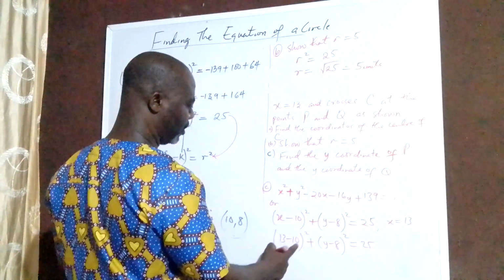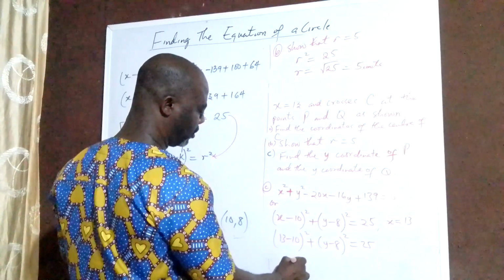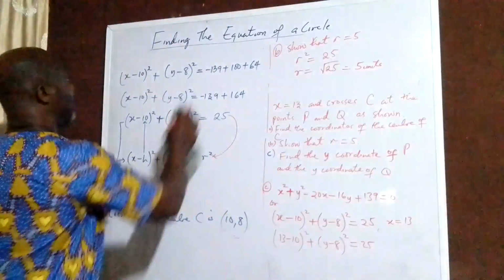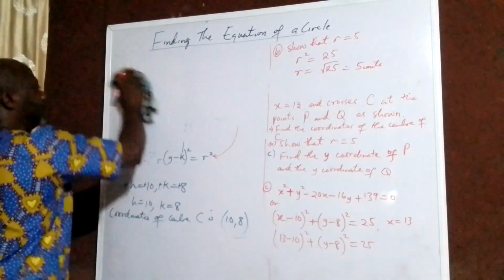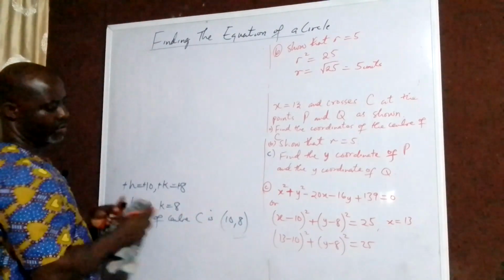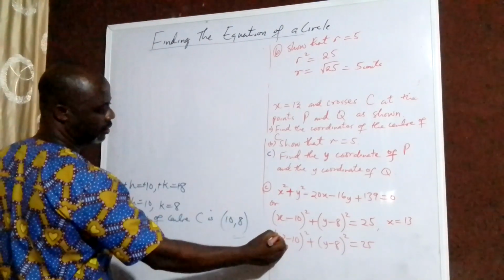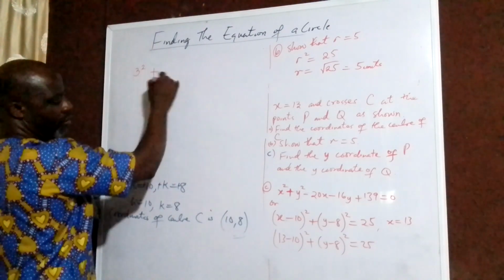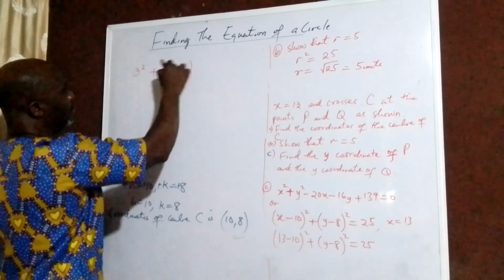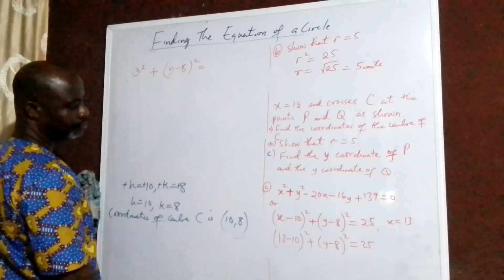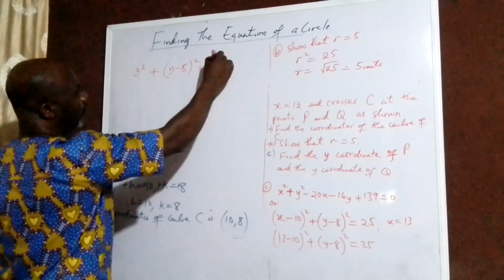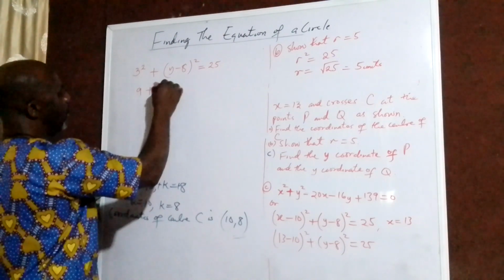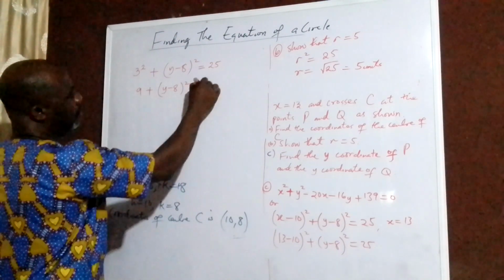So 13 minus 10 gives us 3 squared. So we have 3 squared is 9, plus (y minus 8) squared equal to 25.